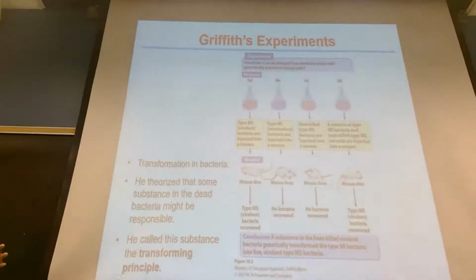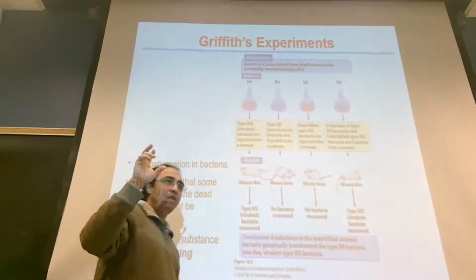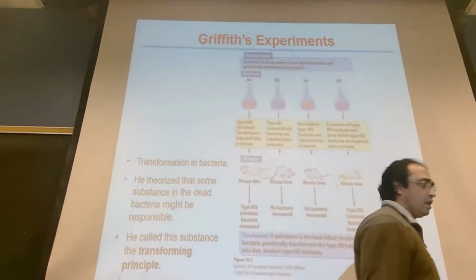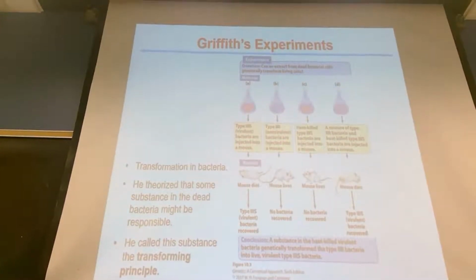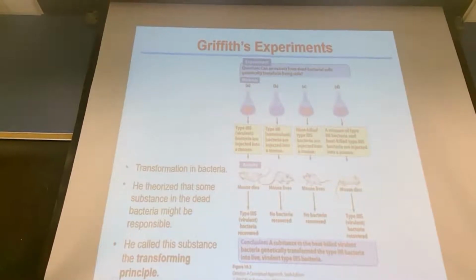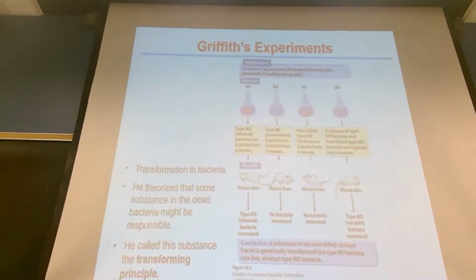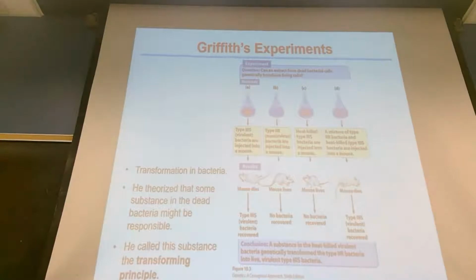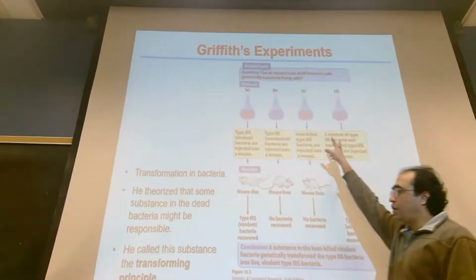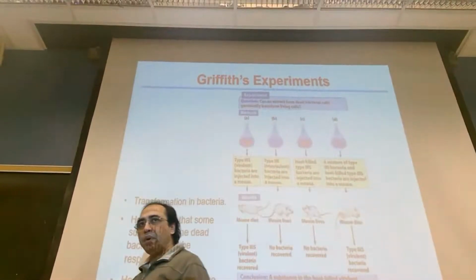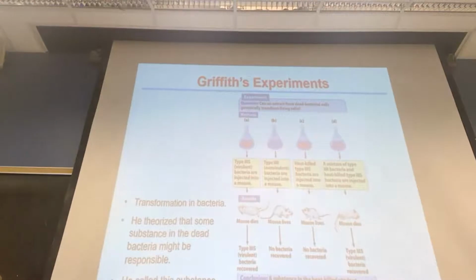He was working with Streptococcus, a bacteria causing pneumonia. If the bacteria can cause the disease, the pneumonia, it is called the virulent type. He found two different types. One type is not causing the disease.